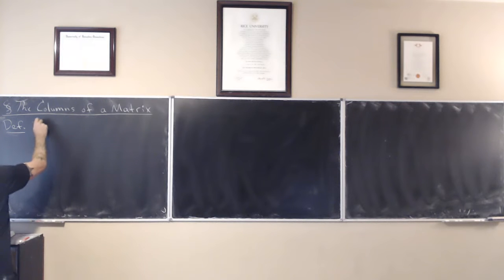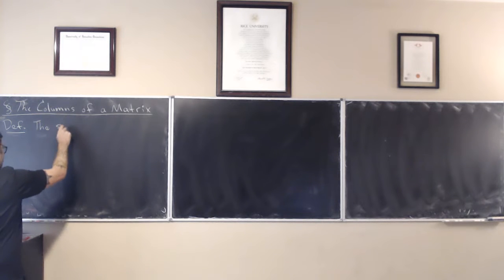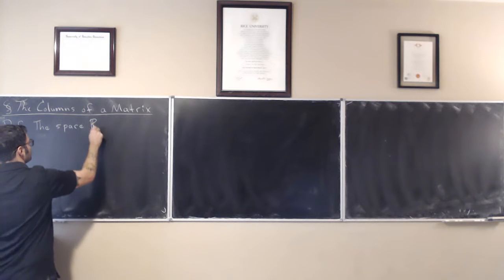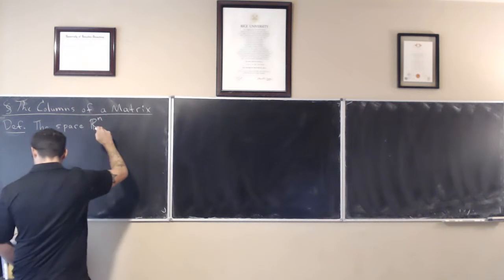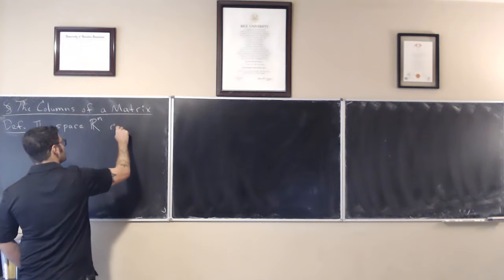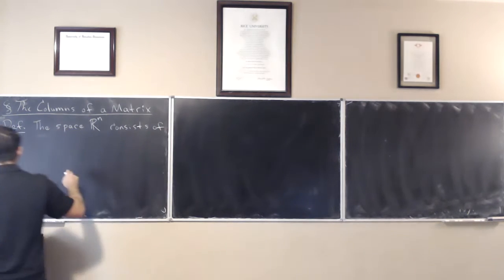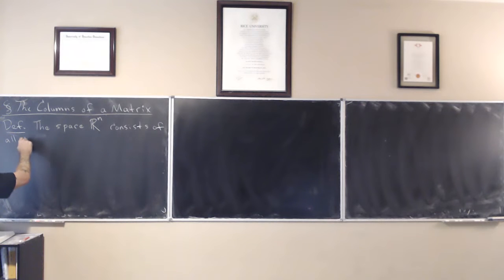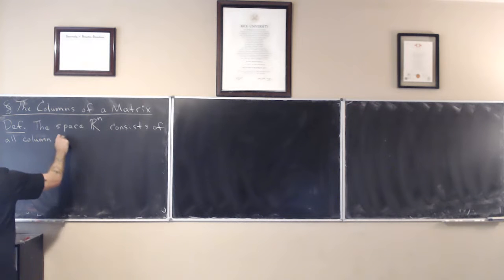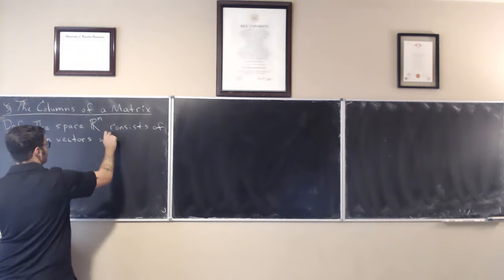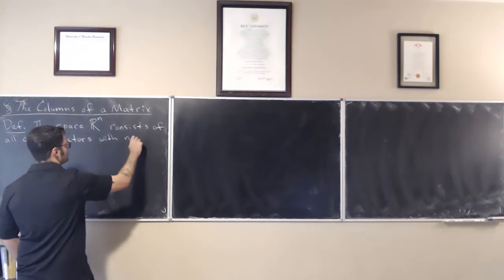The space Rn consists of all column vectors with n components, or with n elements.